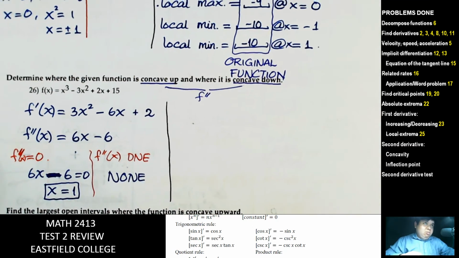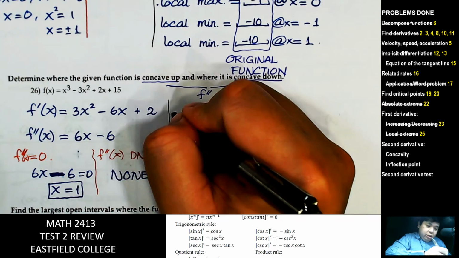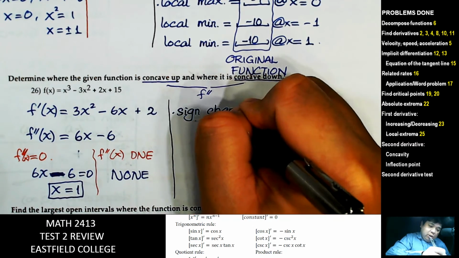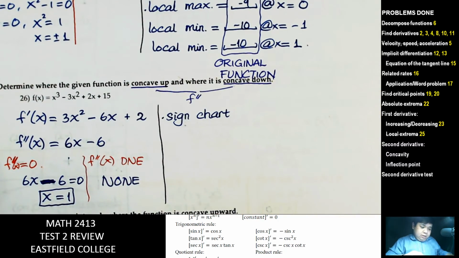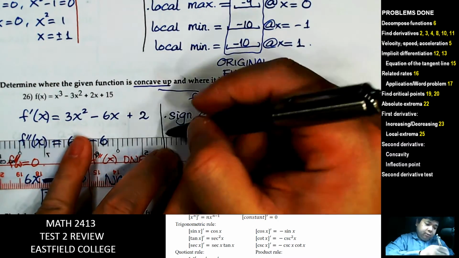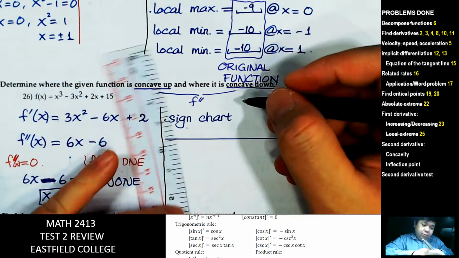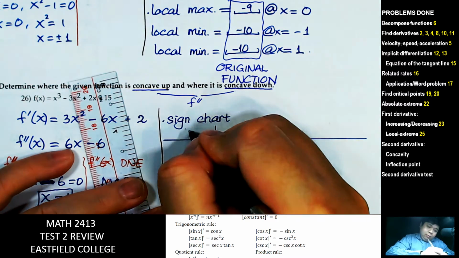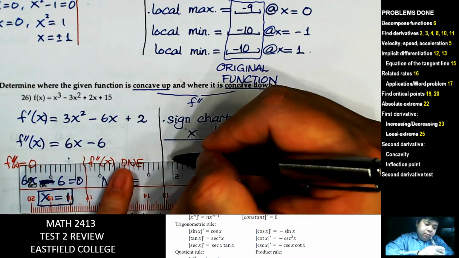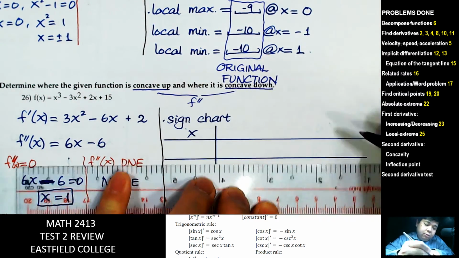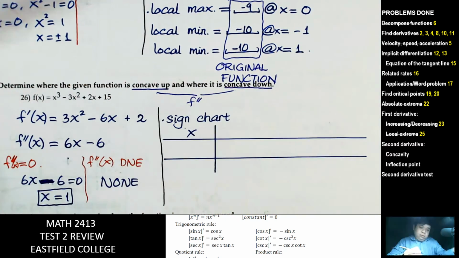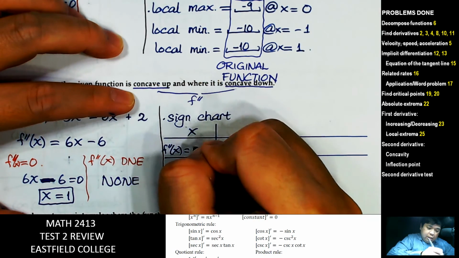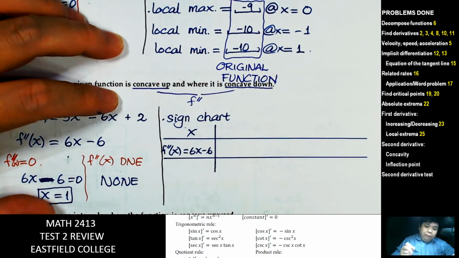And then we put it in the sign chart, similar to the one with the first derivative. But this time we use the second derivative, 6x minus 6.